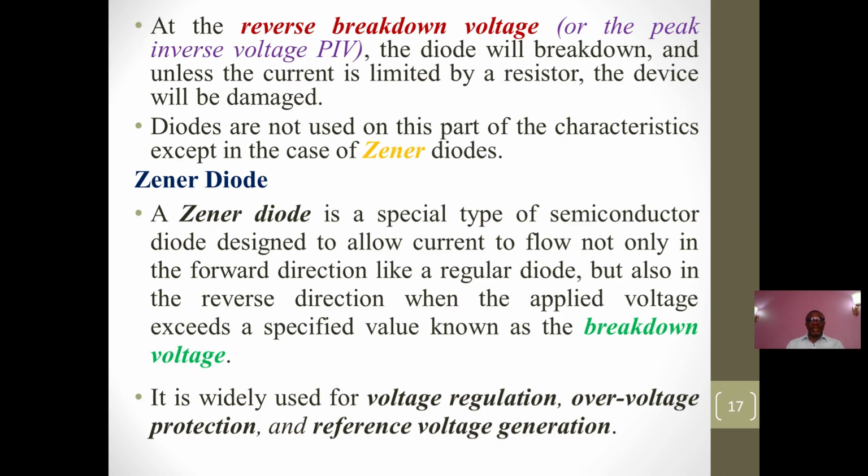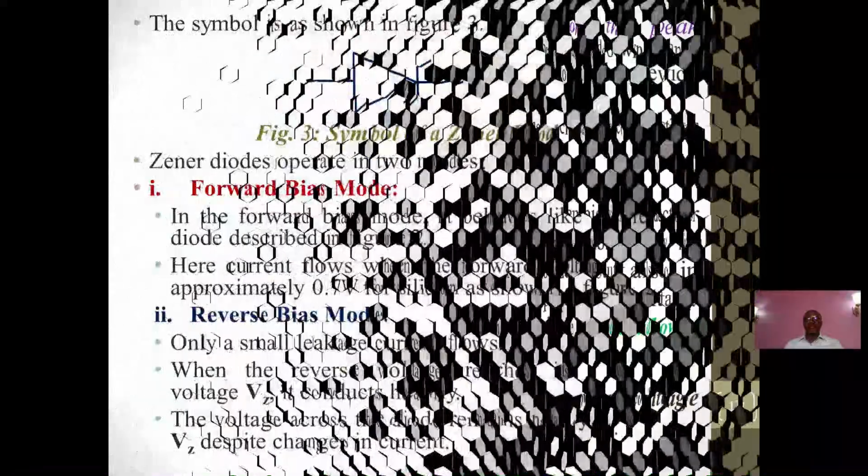A Zener diode is a special type of semiconductor diode designed to allow current to flow not only in the forward direction like a regular diode, but also in the reverse direction when the applied voltage exceeds a specified value known as the breakdown voltage. It is widely used for voltage regulation, overvoltage protection, and reference voltage generation.